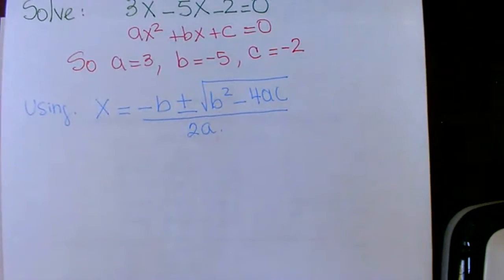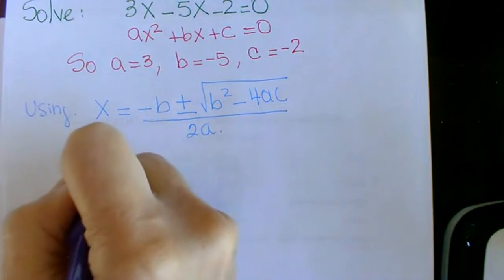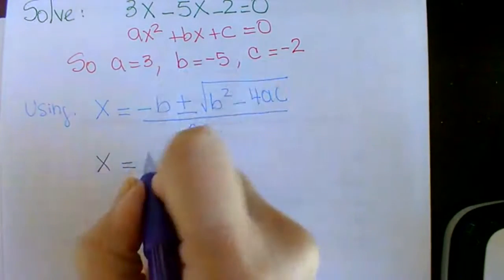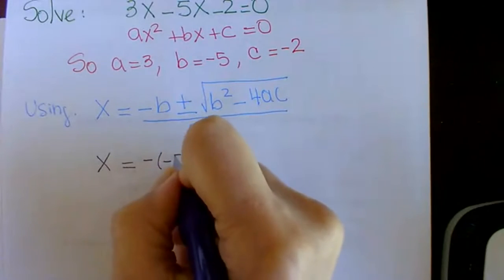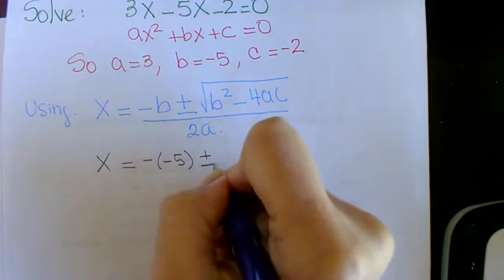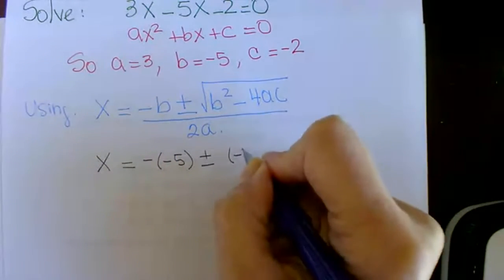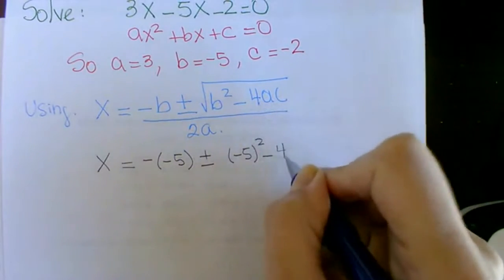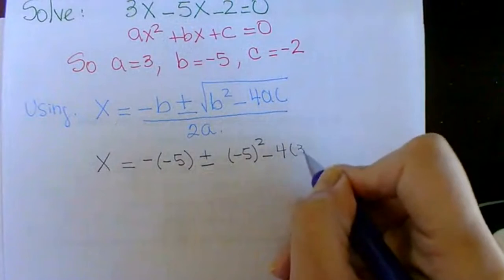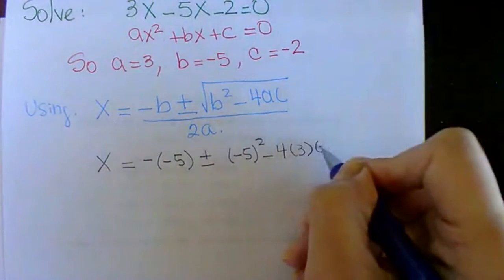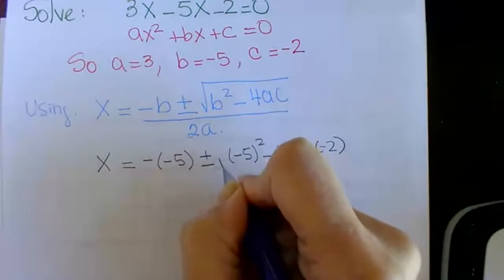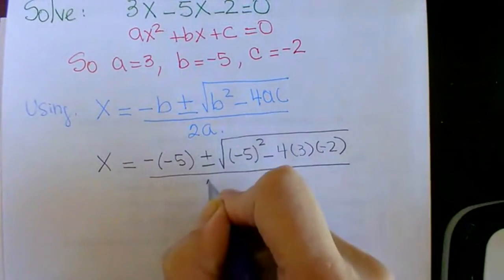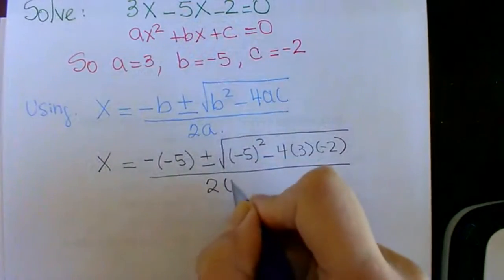So let's use it. Negative b is negative negative 5, plus and minus b squared. I'm just plugging in the numbers. a is 3 and c is negative 2, divided by 2a. a is 3.